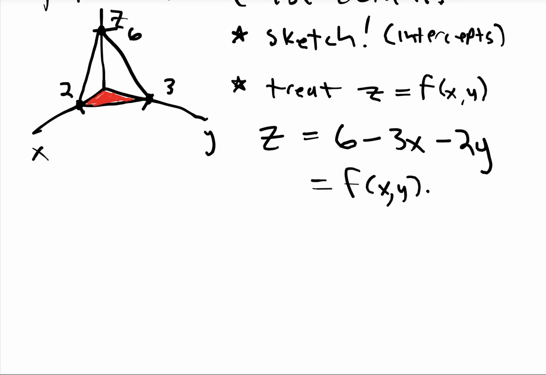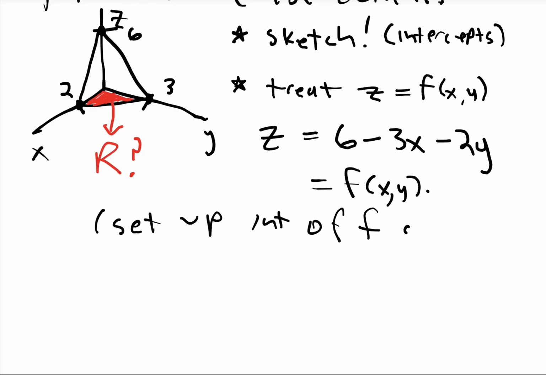So basically what I'm looking at is if I wanted to treat this region right here as my R, well, I need to find functions and numerical values that describe this region, so I can basically set up my integral of this function f on this region R.